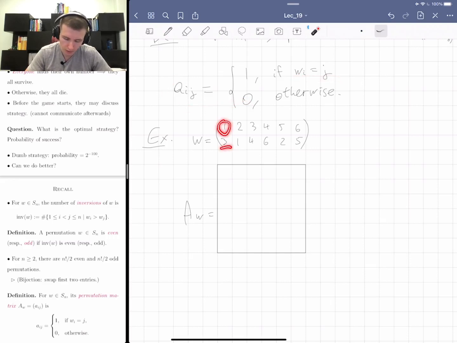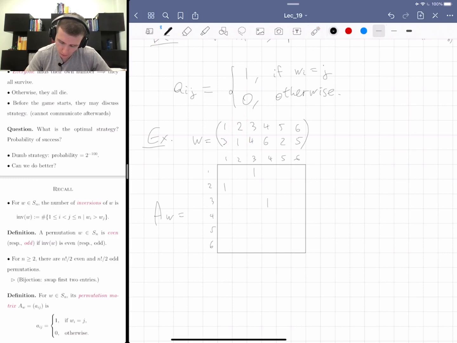W1 is equal to 3, so I put a 1 in the first row and the third column. Let me label the rows and the columns. And 2 goes to 1, so I put a 1 in the second row, first column, and so on. 3 goes to 4, 4 goes to 6, 5 goes to 2, and 6 goes to 5.